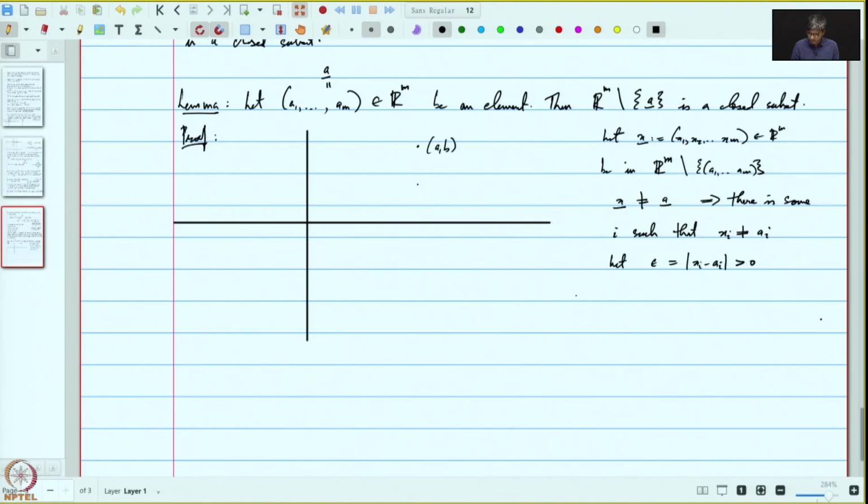So we claim that S epsilon by 2 of x is completely contained inside Rn minus this point (a1, ..., an).